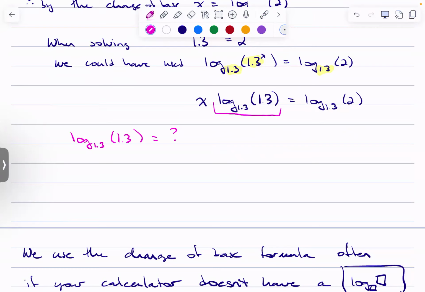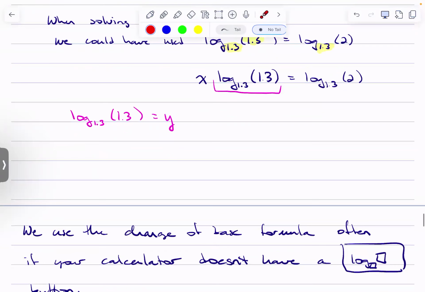There's a reason I didn't use X, maybe I'll use Y instead of a question mark, because I've already got an X. But if we rewrite this as an exponent, 1.3 to the power of Y is equal to 1.3. Well, then Y must be 1.